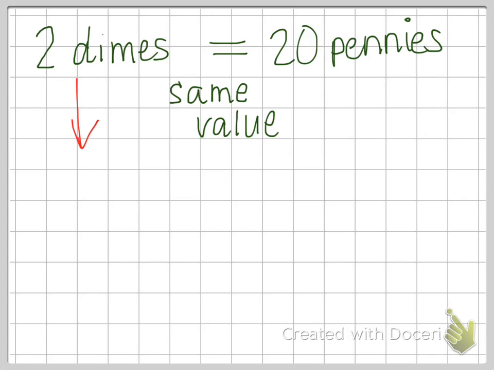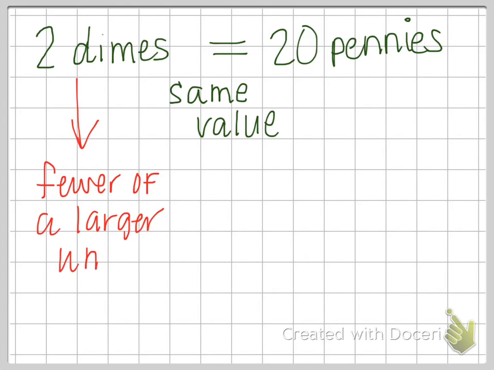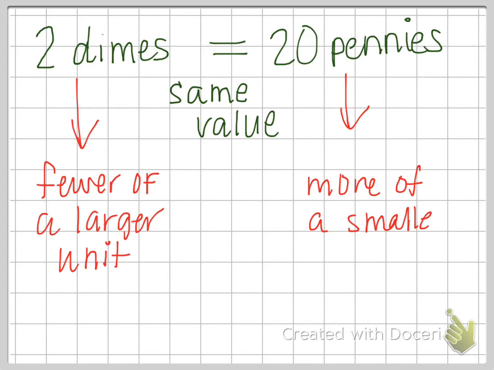In terms of dimes, we have fewer of a larger unit, and in terms of pennies, we have more of a smaller unit. However, the value is exactly the same.